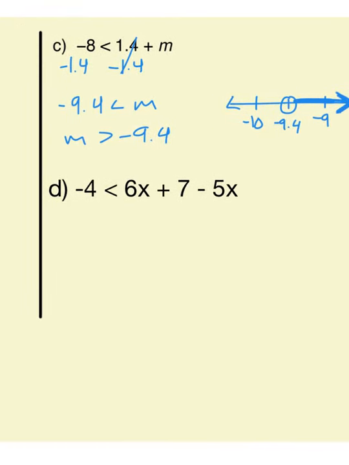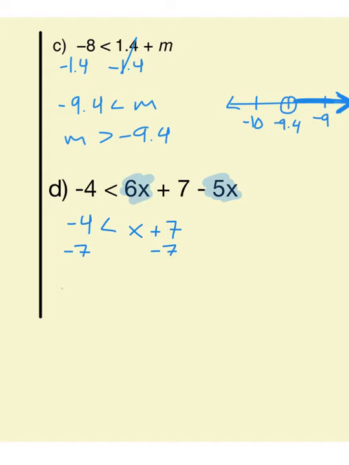All right, D: negative 4 is less than 6x plus 7 minus 5x. I noticed something on the right side. I have some like terms I can combine or simplify. So 6x minus 5x is just 1x. So I'm going to rewrite this as negative 4 is less than x plus 7, because 6x minus 5x is 1x. All right, now I get x by itself by subtracting 7 from both sides.